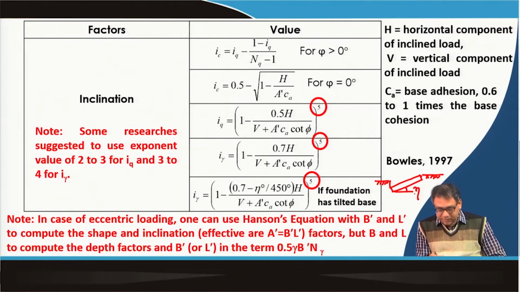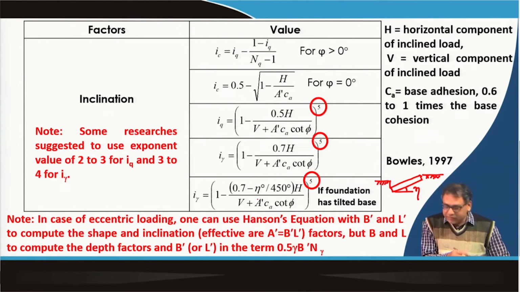These are the differences between the two I gamma expressions. The second one we will use if the foundation has a tilted base, that means the foundation is not perfectly horizontal, the foundation has a tilt. Okay. So, if the tilt is there, then we will use this equation. Later on I will discuss in detail the tilted base foundation. At that time we will use the second I gamma expression.